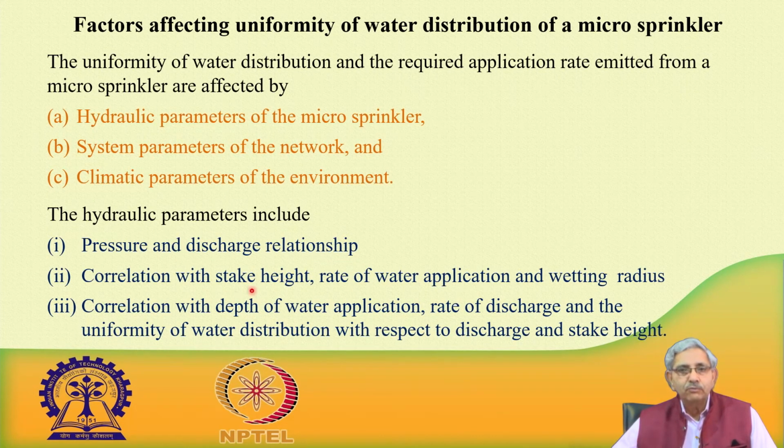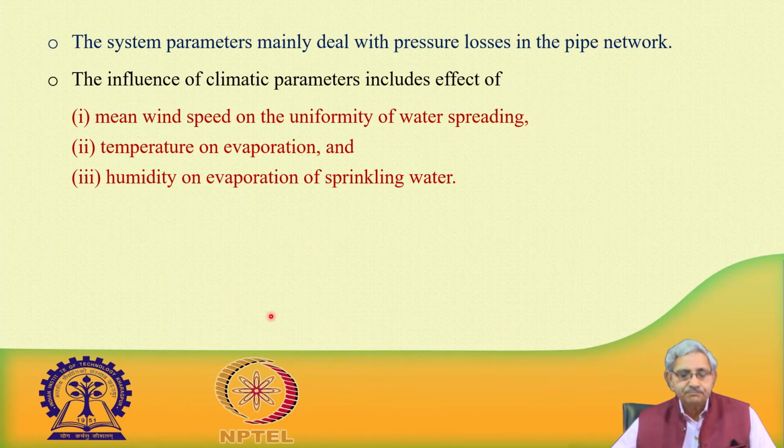One can also find the weighted diameter and the application rate at a given pressure and stake height. Such relationships can be established, and when this micro sprinkler system is installed in a field, this will help to obtain higher uniformity of water distribution.